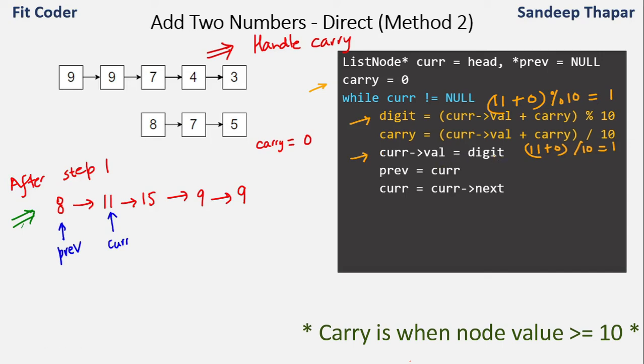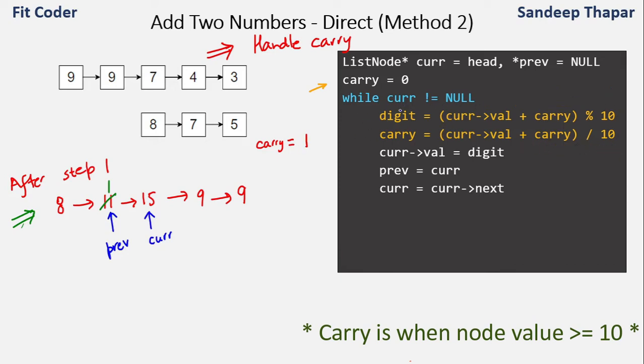So the digit is 1. So the value of this node becomes 1. And then we move previous and current to the next node. So current comes at 15 and previous comes at 1. So you can see here that we have fixed this node with the value 11. So the remainder is 1 and we have a carry of 1.